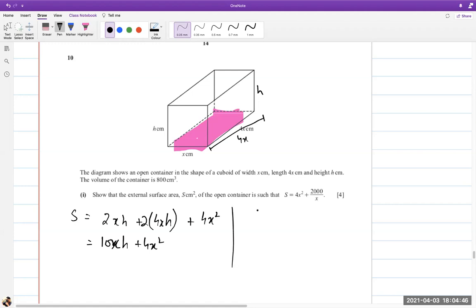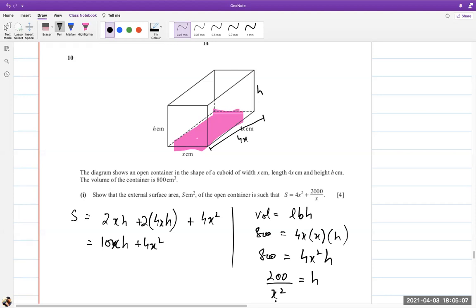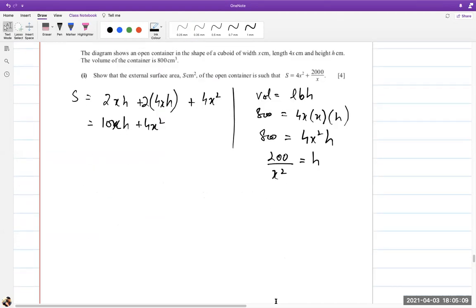Now what is h? Volume is length times width times height. Volume is 800, length is 4x, width is x, height is h. So from this I get 800 equals 4x squared h. h comes out to be 200 over x squared. I'll plug this in here.